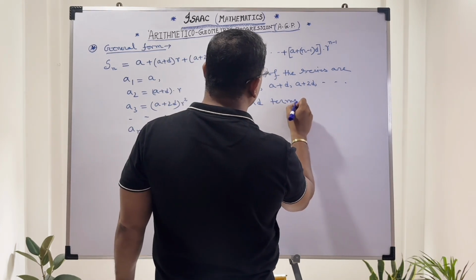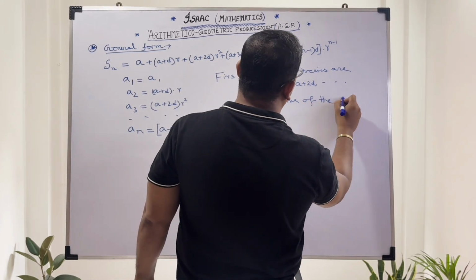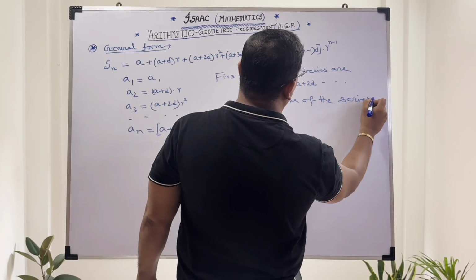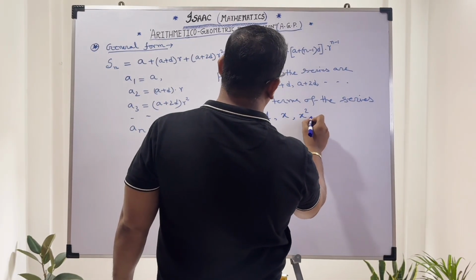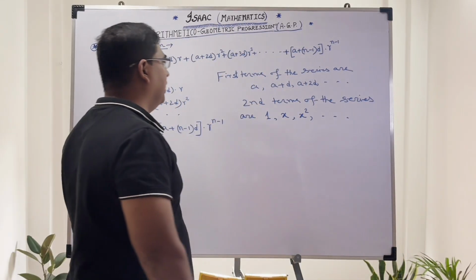Second parts of the series are 1, r, r square, continuing. Okay.